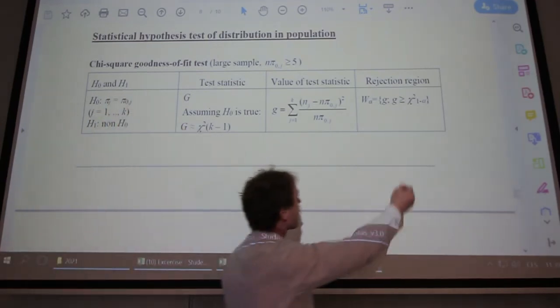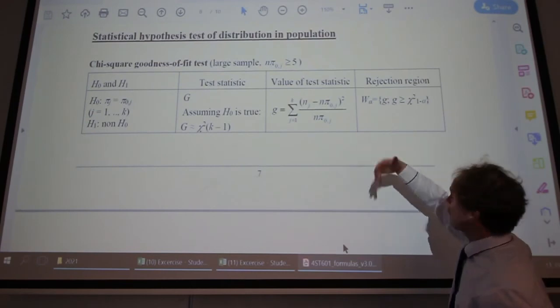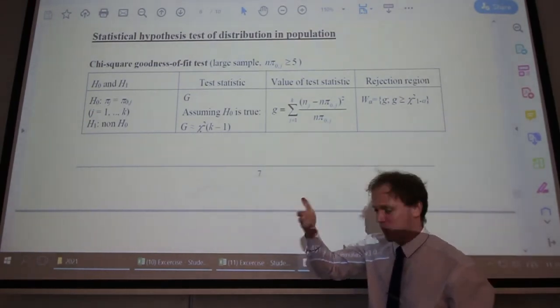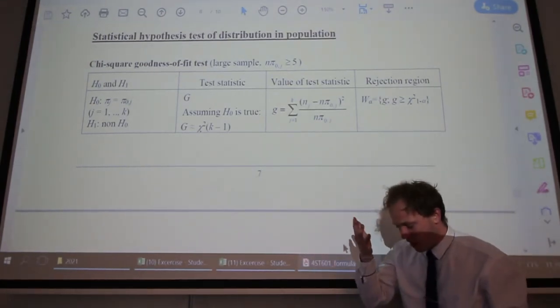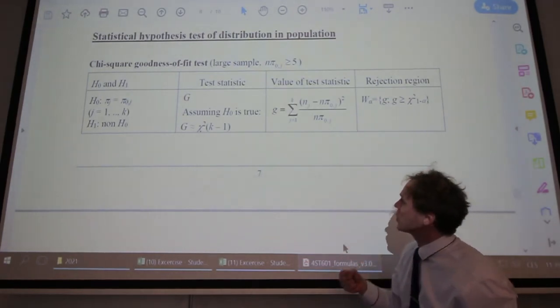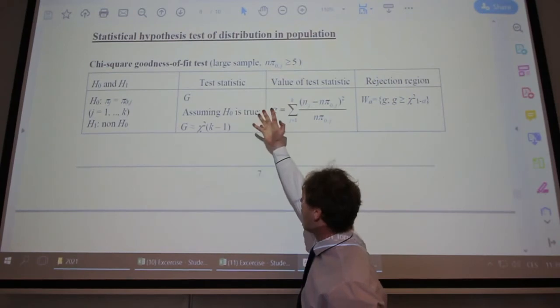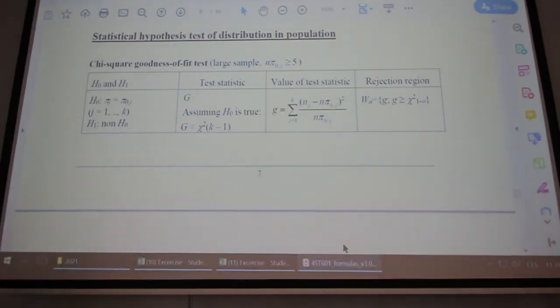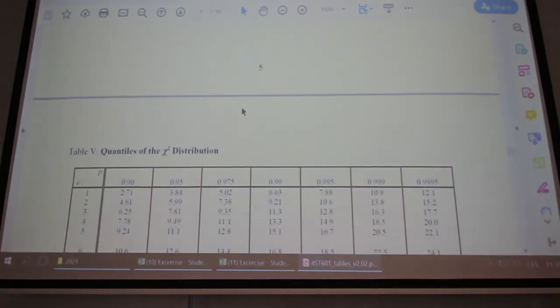After that, we will compare the value of the test statistic G with the critical quantile, the critical value from the tables at a particular level of significance, and we will decide. So please have these formulas ready in front of you, and at the end of this example, have your statistical tables ready.